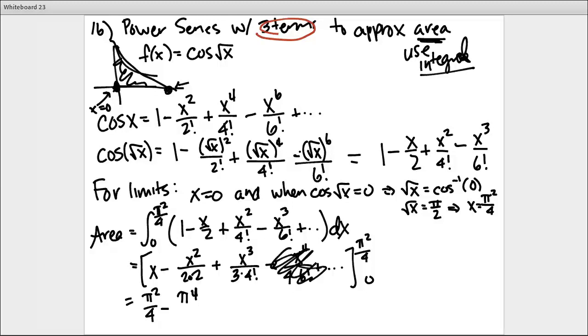I'm just going to do math magic and you guys can verify it. But pi to the 4th over 64, and then pi to the 6th over 4,608, and using 3 terms, you end up getting 1.154 to 3 decimal places. All right.